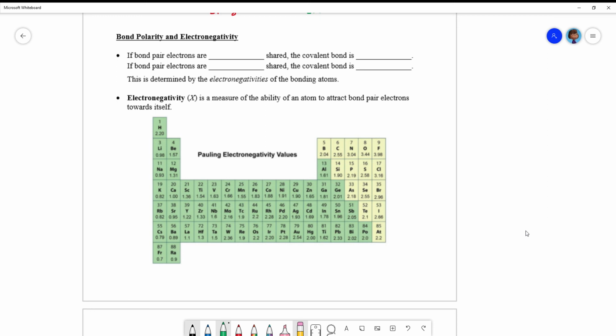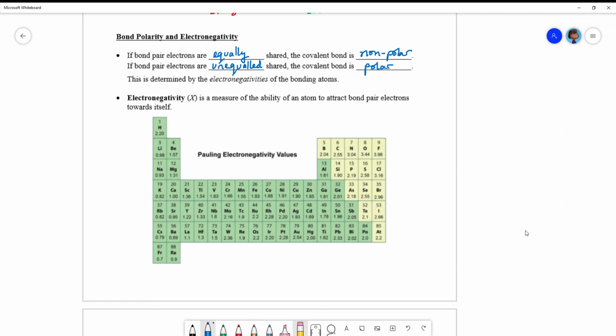If those bond pair electrons are shared equally, which doesn't always happen, the covalent bond is described as a non-polar covalent bond. But sometimes those bond pair electrons are unequally shared, and in this case, the covalent bond is described as a polar covalent bond.